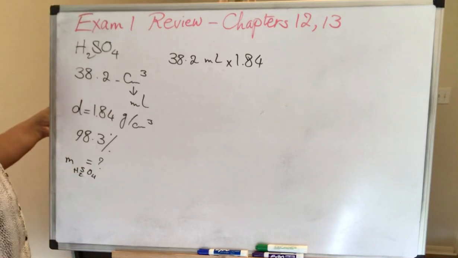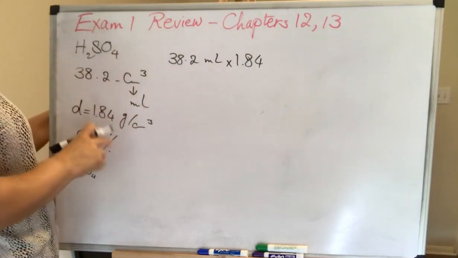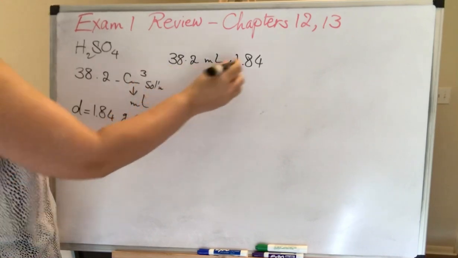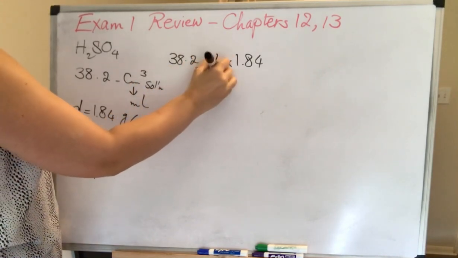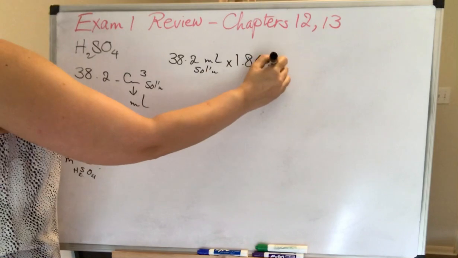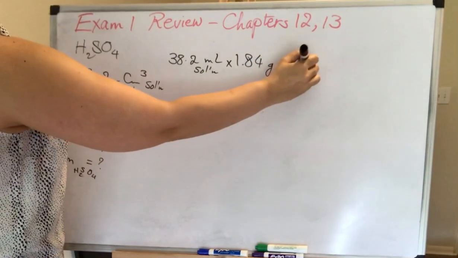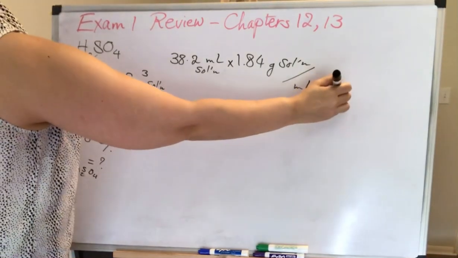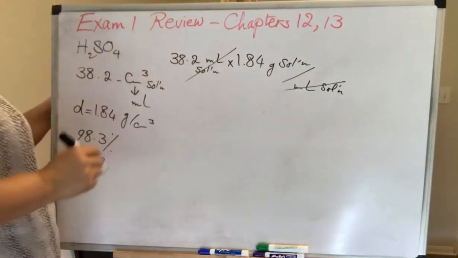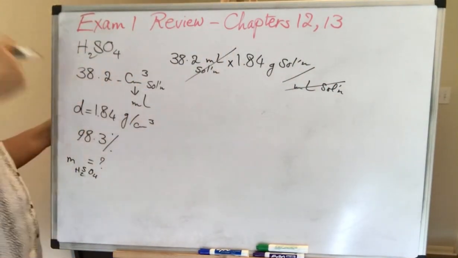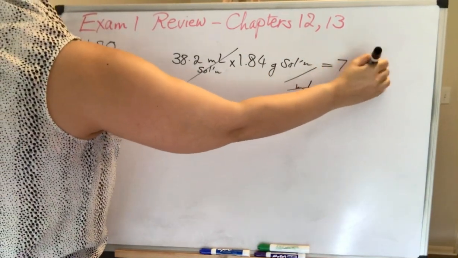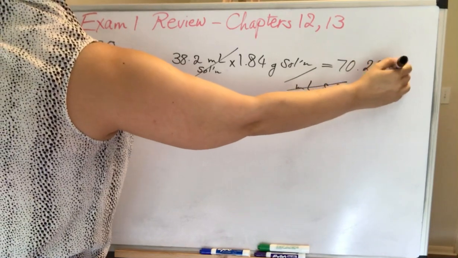But what is the grams of solution? This is centimeter cube of solution. So this is 1.84 grams of solution per milliliter of solution. So you can cancel milliliter of solution from milliliter of solution, and the answer is going to be 70.28 grams of solution.